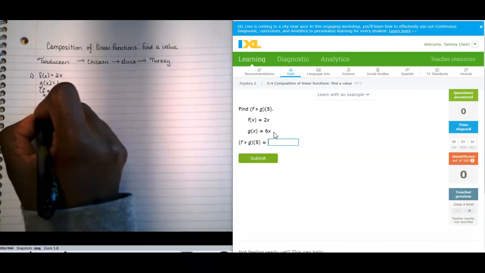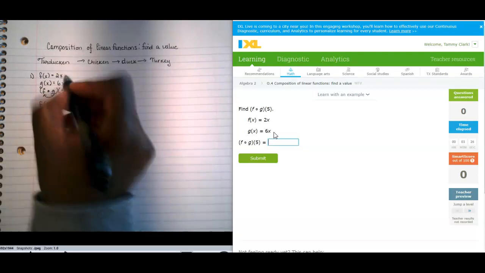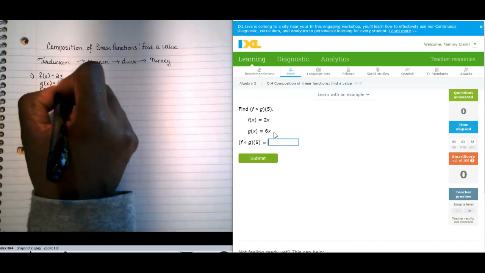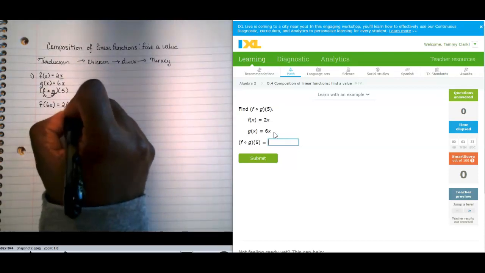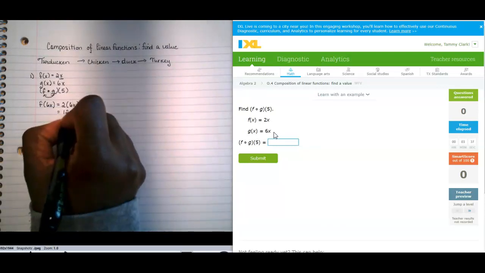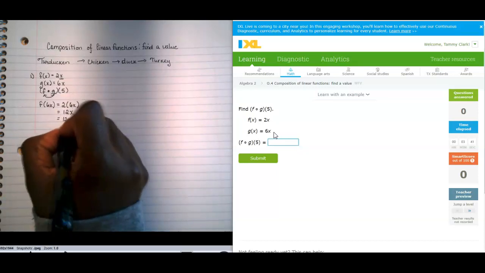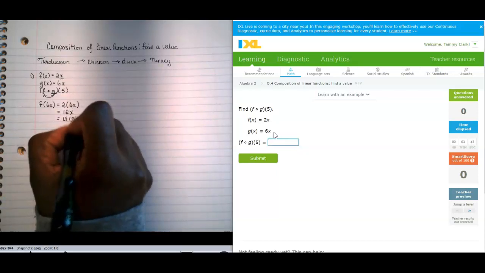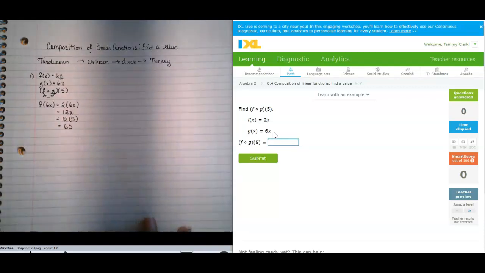So I would say f of 6x, and where I see x right here, I'm going to put the 6x instead. So that would be 2 times 6x. Well, that gives me 12x. And if I evaluate that for 5, that would be 12 times 5, which would give me 60. That's one way to do it.